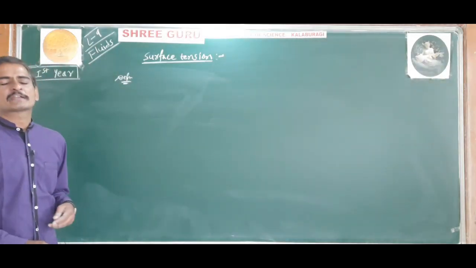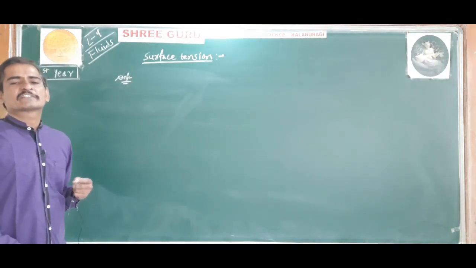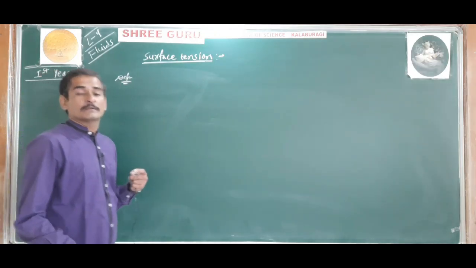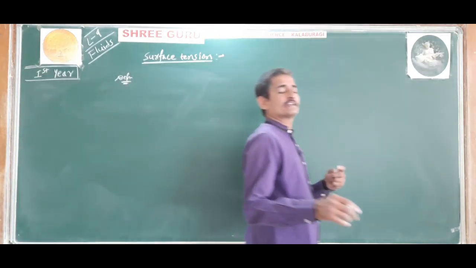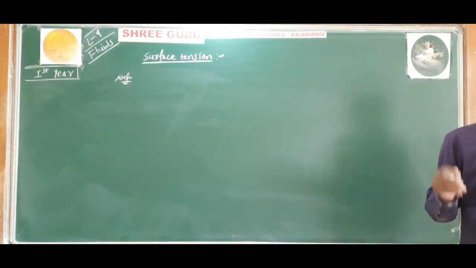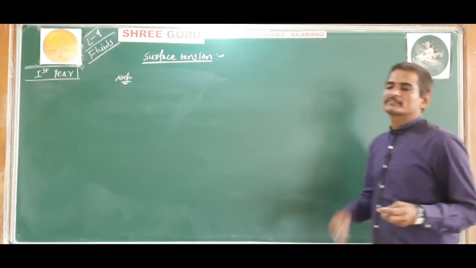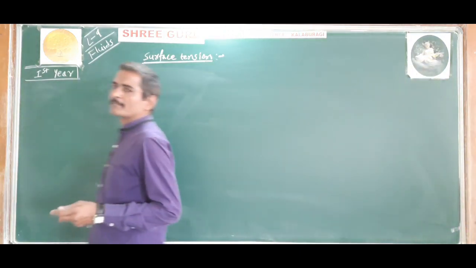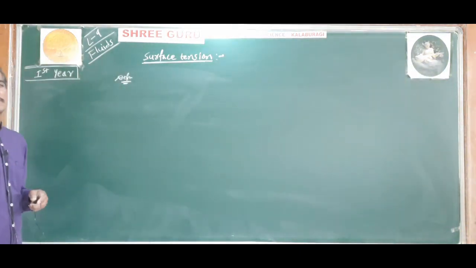The property of a liquid due to which its free surface tries to have minimum surface area and behaves like a stretched elastic membrane is called surface tension.